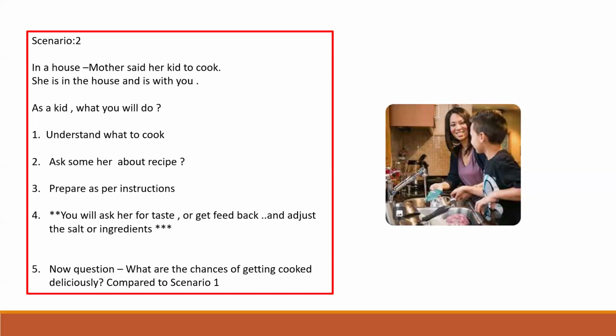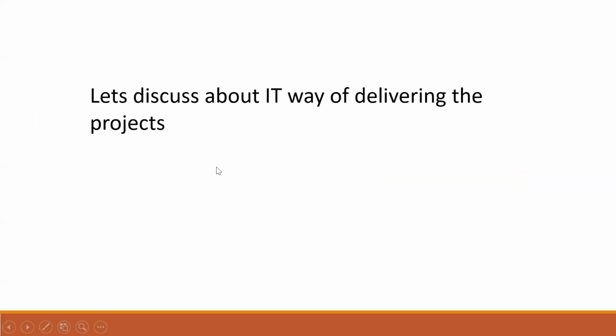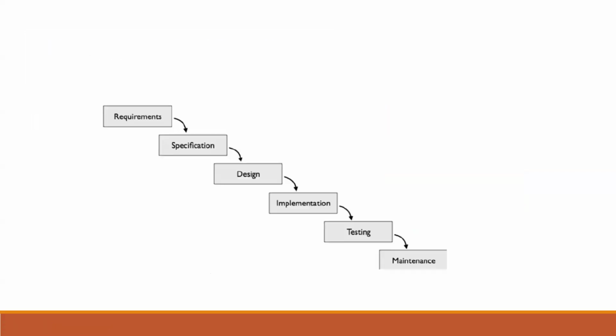We tried to find out what factors led to a beautiful outcome, either in cooking or in any project. From there we had certain takeaways like transparency, inspection and adaptation. We also talked about the disadvantages present in the waterfall model.